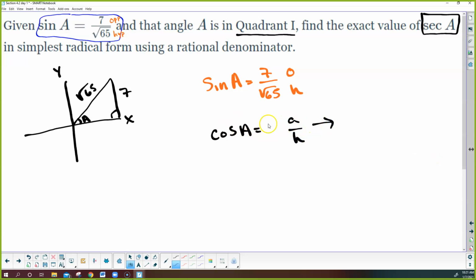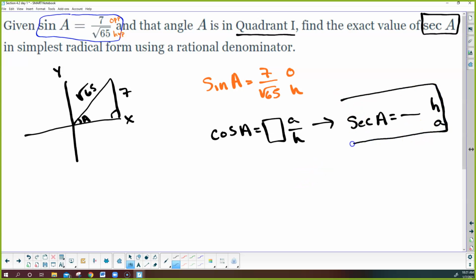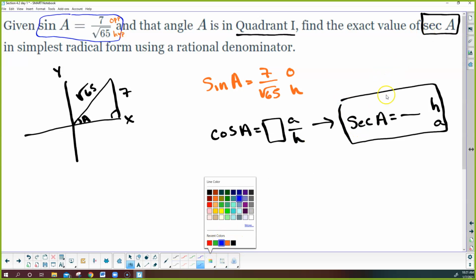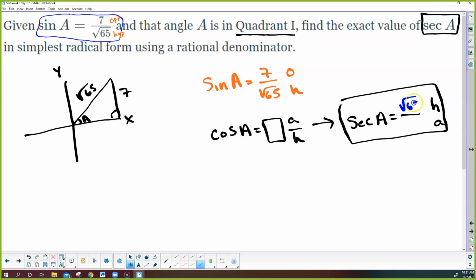So I don't care about this answer. I care about the reciprocal of that answer. So that's what gets me to the ratio of hypotenuse over adjacent. And that will give me the answer to this value. Right? So I know the hypotenuse. That's the square root of 65. What I don't know is the adjacent.